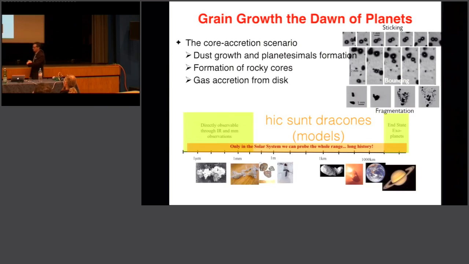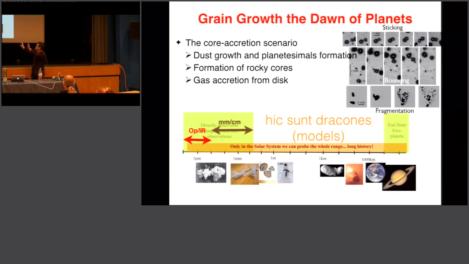To do that, you do it through collisions, and the collisions allow to grow. So basically, as observers, we can probe 2 regions of this process of assembling planets. We can probe the initial phase, which is what I will discuss today, so the growth of dust to pebble size in the disk, and then we can look at the end state, the exoplanets, as I discussed the first day.